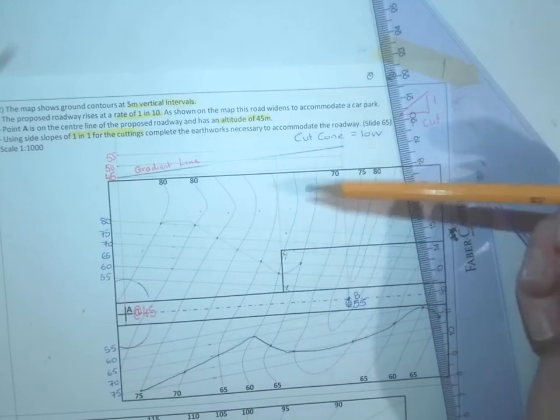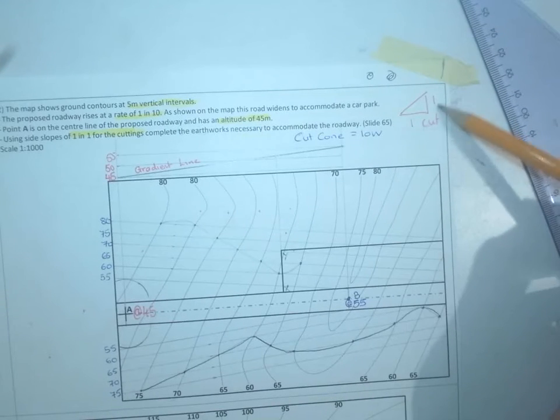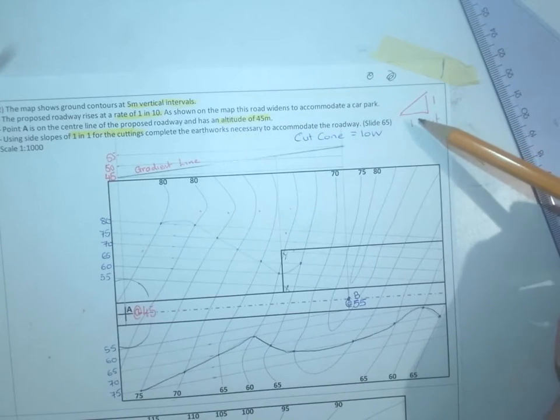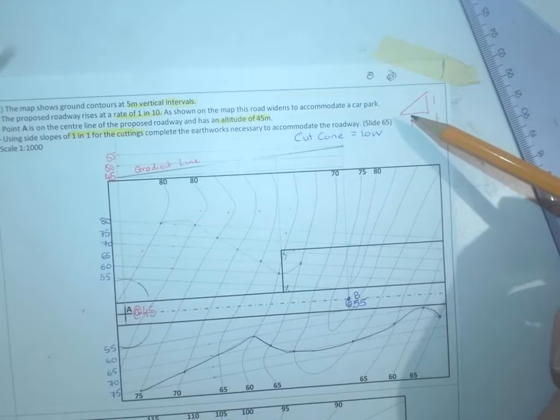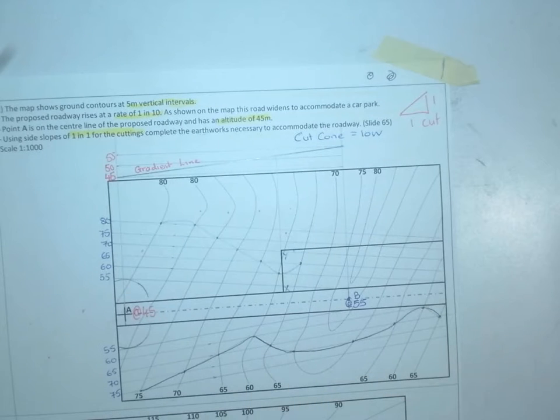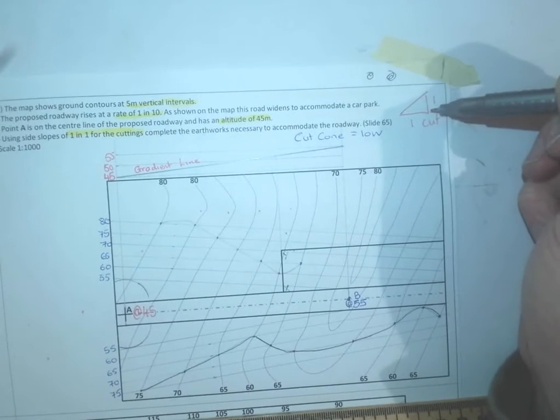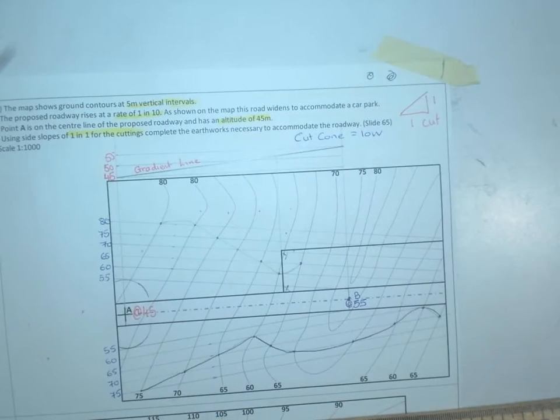So what we need to do then is, because our cut ratio is still 1:1, that won't change. So what we need to do then is we need to apply the cut ratio. This mightn't make much sense to you really, but cut ratio angle is 1:1, which means it's 45 degrees.